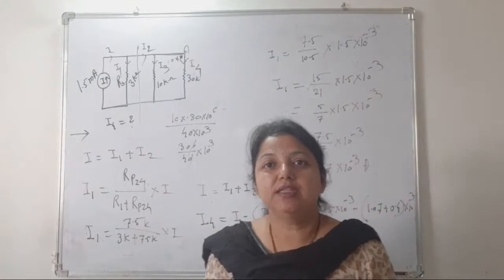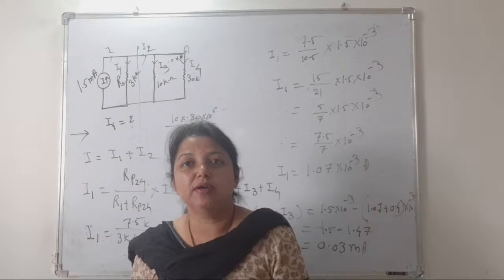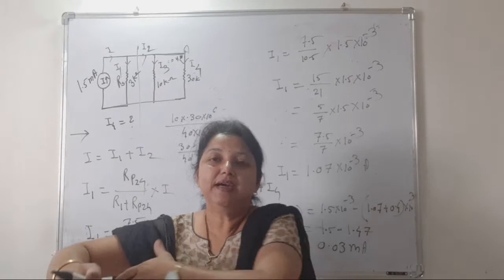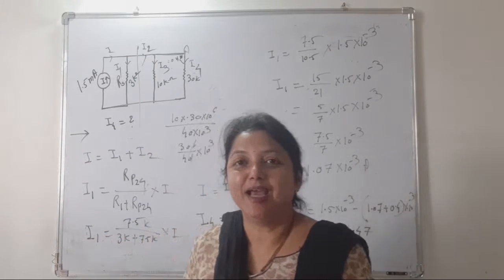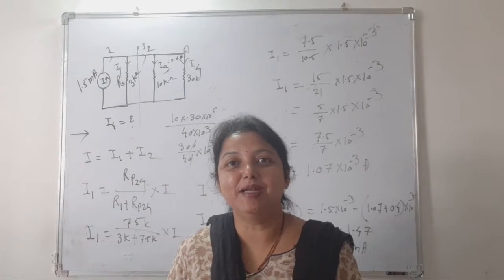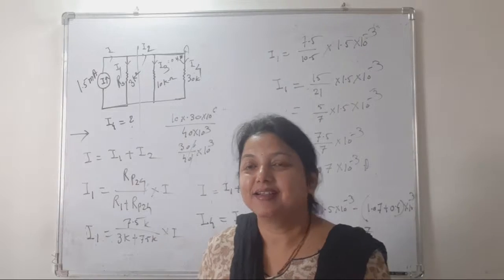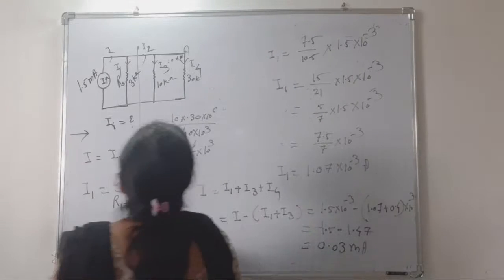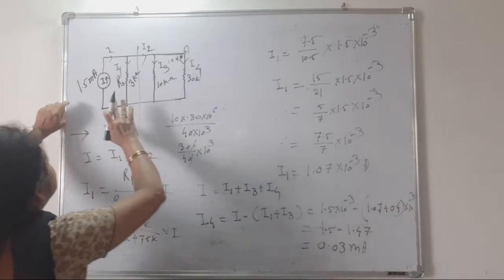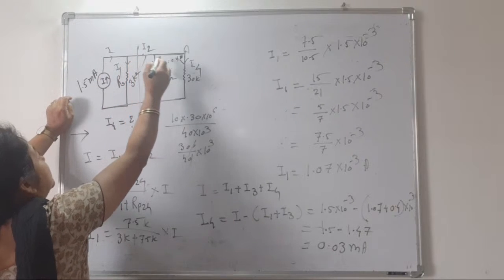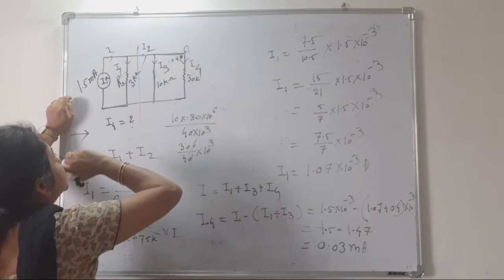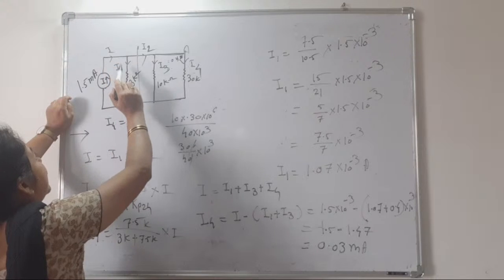This one is actually the solved example in your textbook. Clear idea? We are not in the habit of doing mathematical multiplication and division orally anymore. Okay. What is the logic? Do you understand the logic behind this? This one is your I1. I2 is equal to I3 plus I4. So how do they calculate I is equal to I1 plus I2?